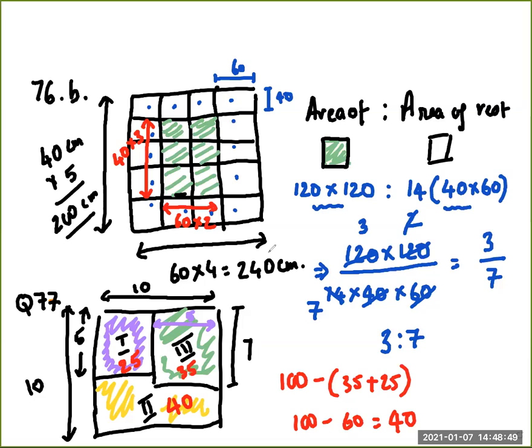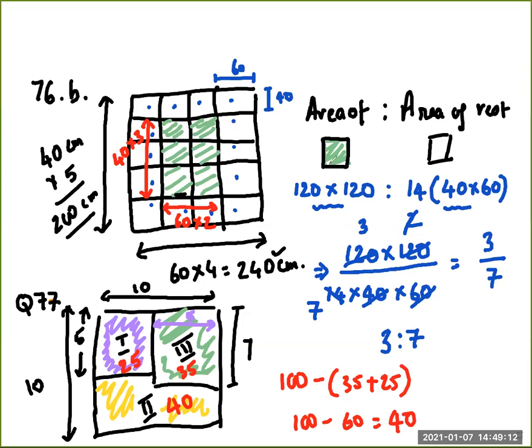So I put the length of the entire thing as 240 centimeters and the height as 40 centimeters multiplied by 5 tiles, 1, 2, 3, 4, 5. So that is 200 centimeters. That is not necessary for this particular problem, but I like putting those numbers there so that I get a sense of what I am talking about.